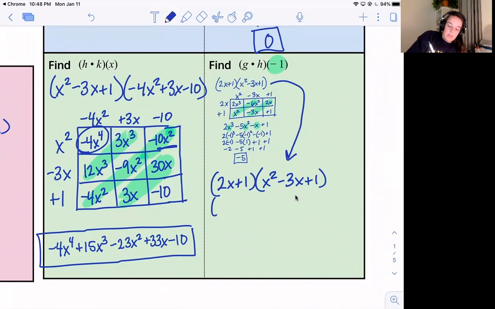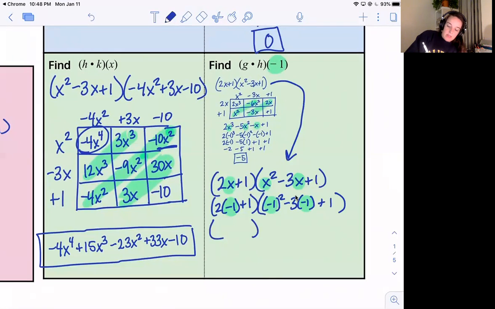But I'm going to go ahead and plug in -1 right now, right? So I'm taking the x and plugging in -1. And then for here, I'm going to plug in -1 squared minus 3 times -1 plus 1, right? So again, my x is turning into -1.